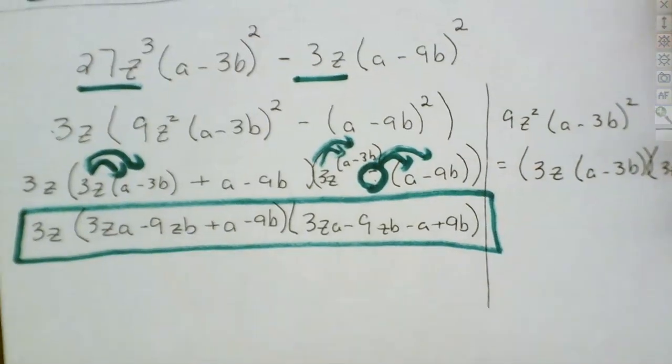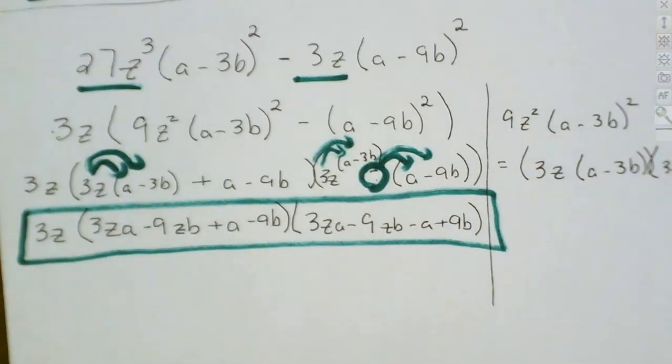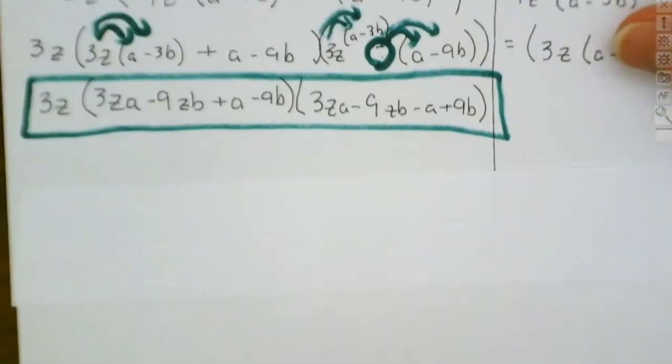Let's do a couple more of these just to make sure we completely understand how to break these down. Then we'll look at some that do not factor, and we'll talk about why they do not factor. So let's do a couple more where they factor. This one's going to have lots of variables.